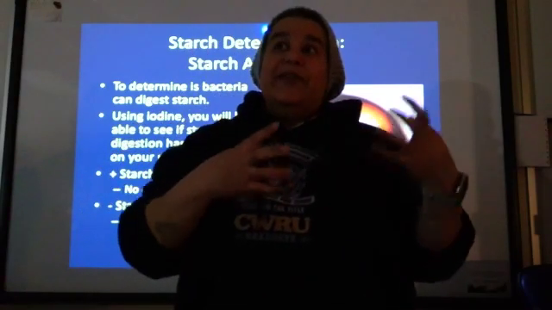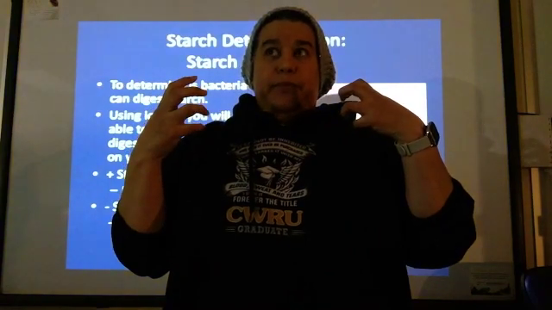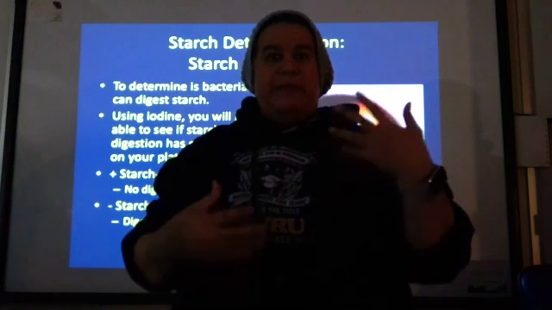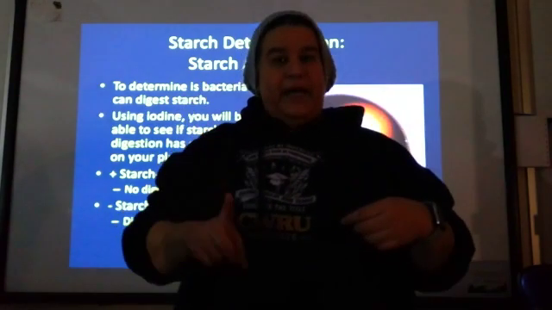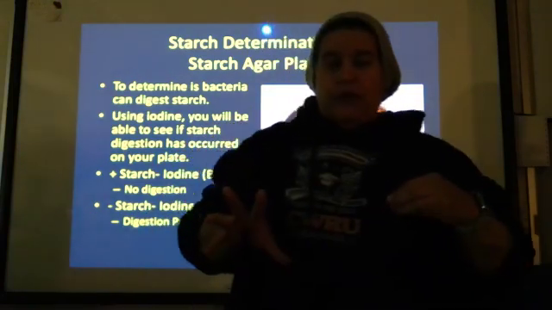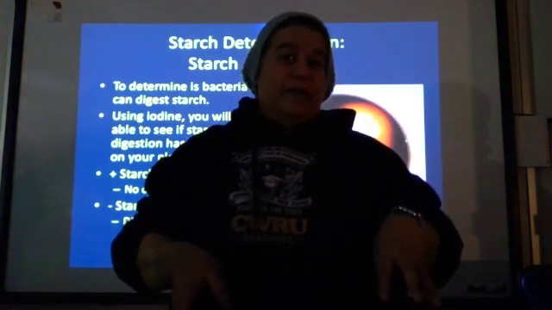Again, certain bacteria have the ability to use starch as an energy source or as a fuel source to make ATP, but some don't. Starch itself, when you combine it with iodine, turns jet black.